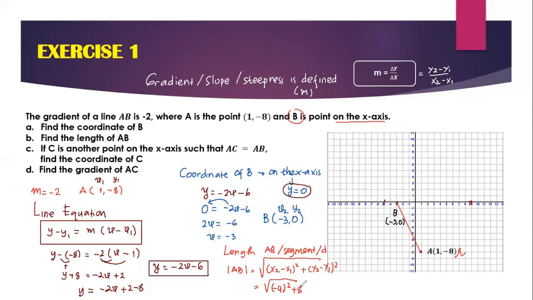Plus 8 squared. So we got root of 80, right? Root of 80 units. So the length of AB, or segment or distance AB, is root of 80 units. Is it clear to you?